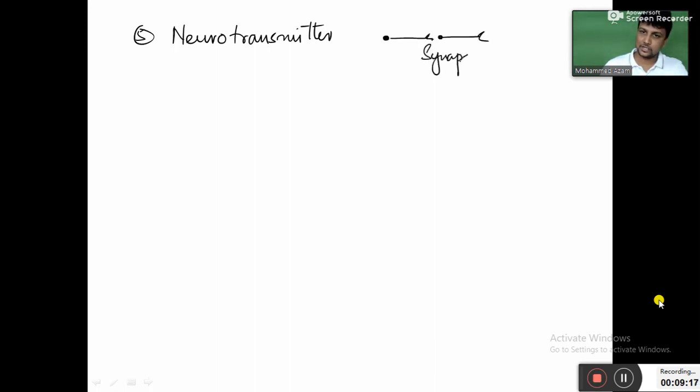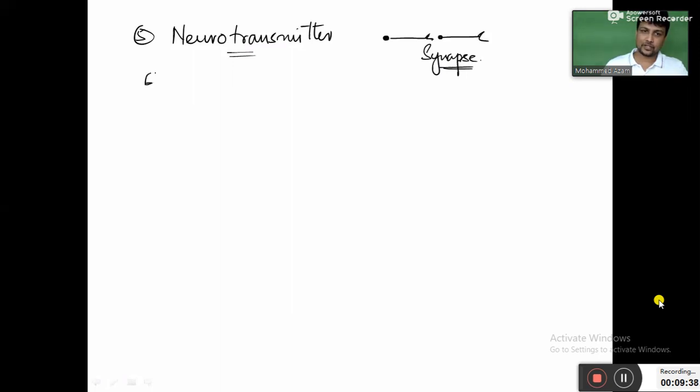In the synapse, there is release of a chemical substance known as a neurotransmitter. There are a variety of neurotransmitters: norepinephrine, acetylcholine, GABA, glycine, and many more. So glycine also acts as a neurotransmitter.